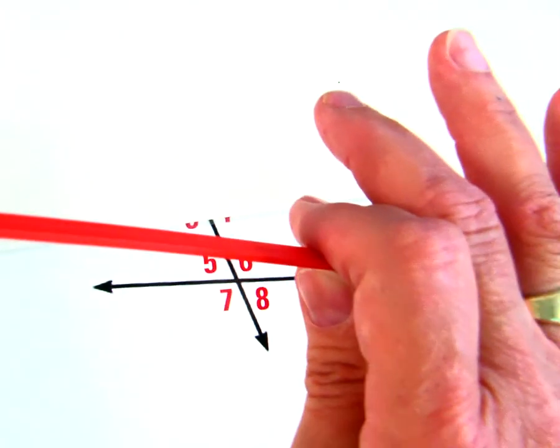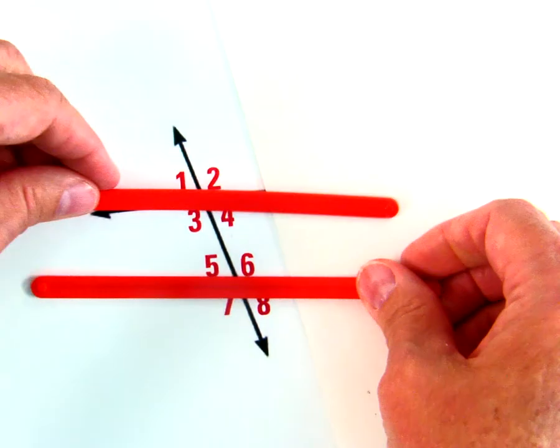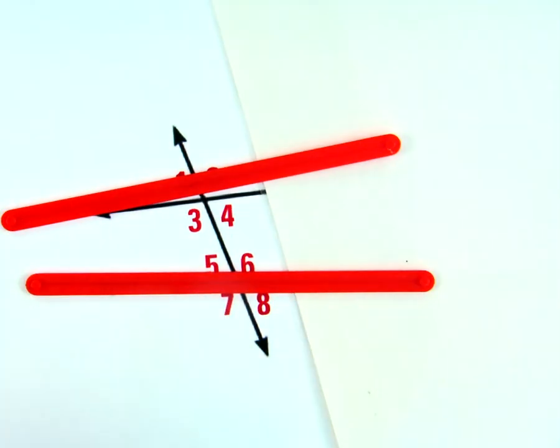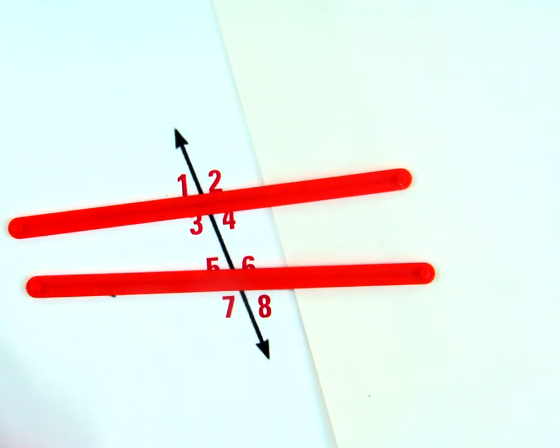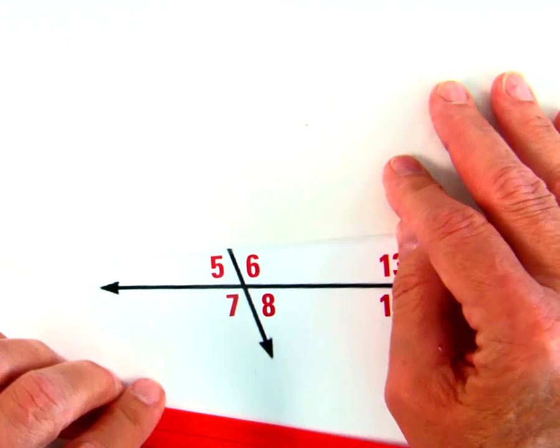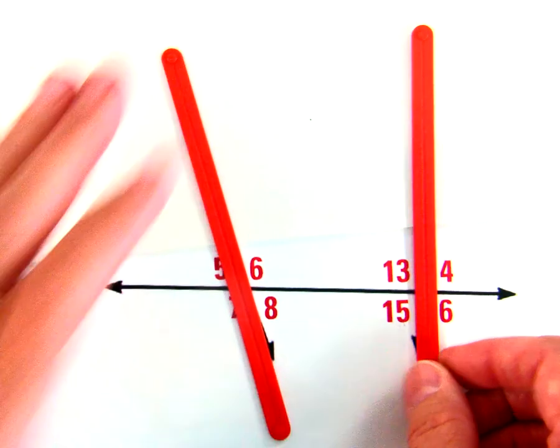Oh, it was 8 I was going to do. Let's do 8. 8 is exterior here. Didn't work out like I wanted. Look at this one. Now, 8 is exterior to the two parallel lines. If I work around and now I'm going to make this one the transversal, oh, look, it's still interior. Look at that. Isn't that cool?